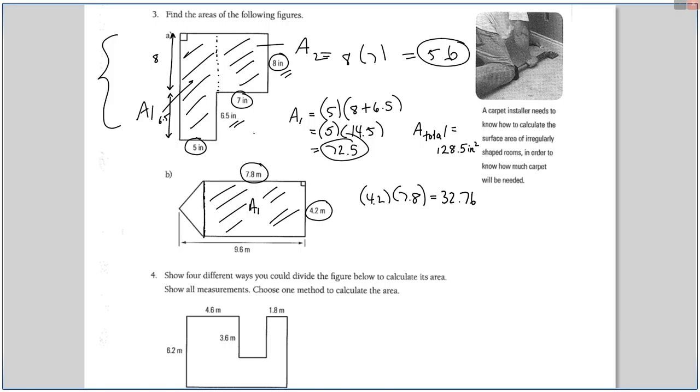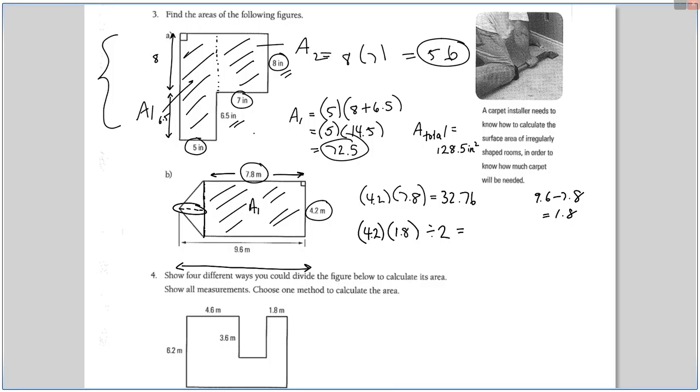Now this triangle, the base is known. It's 4.2. The height, we're going to have to figure out using some problem solving. So what we want is this height. So you can see that the total distance is 9.6. Take away this distance, 7.8, and you'll get this leftover piece. So 9.6 minus 7.8, that's 1.8.